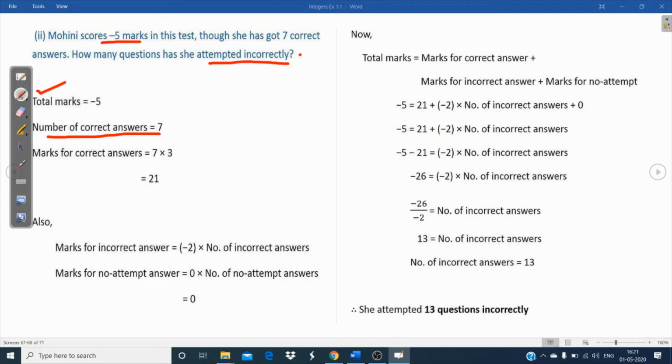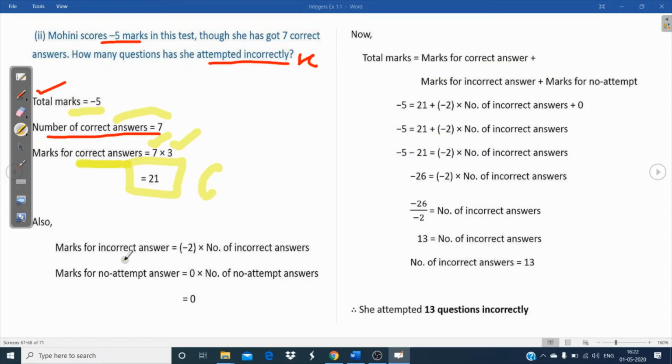If you want, you can take this as x also. Now, total marks given is minus 5. Questions correct: 7. So marks from the correct answers: every question you are getting 3 marks, so 3 into the total number of questions, 7. 3 sevens are 21. So this is the marks from correct answers.